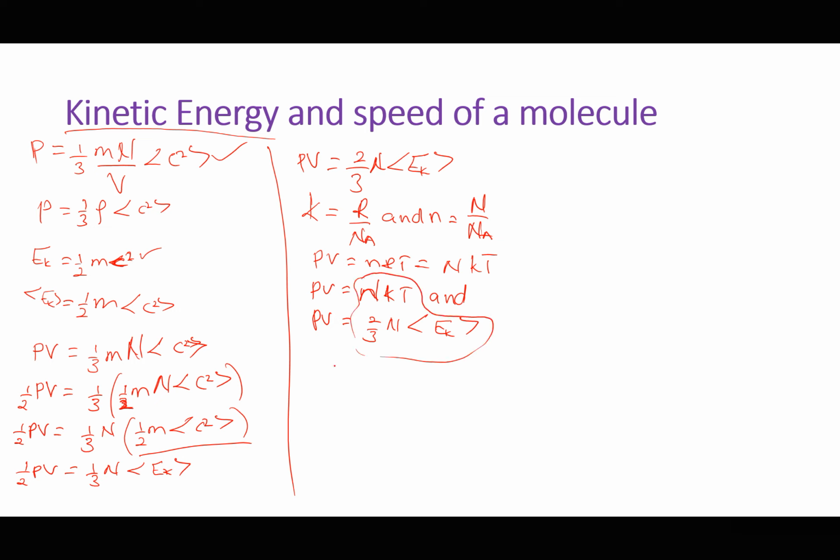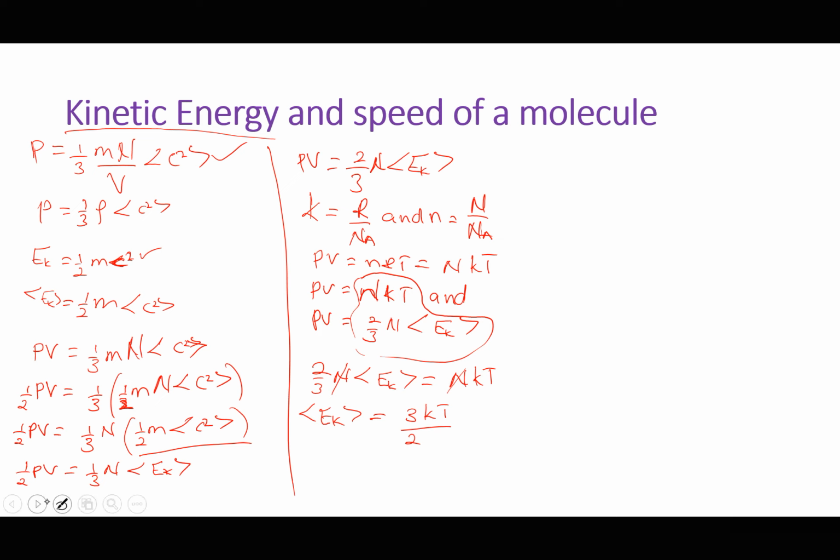That means we shall simply say that 2 over 3 N average kinetic energy is going to be equal to N times kT. So N has cancelled out, making average kinetic energy the subject. EK is going to be equal to 3 times kT divided by 2.